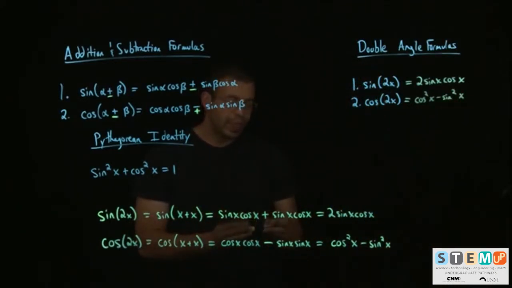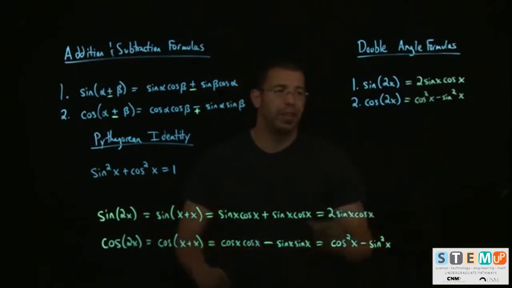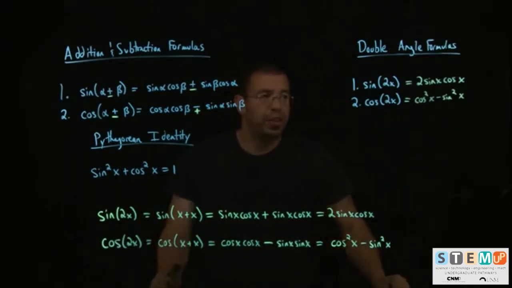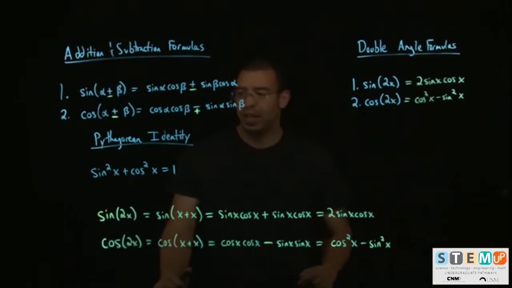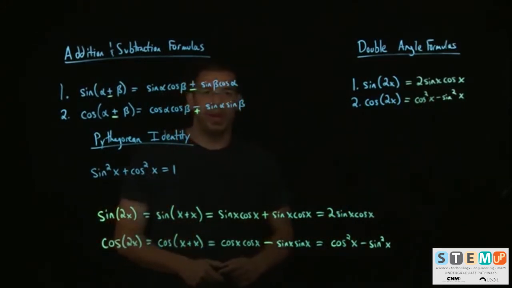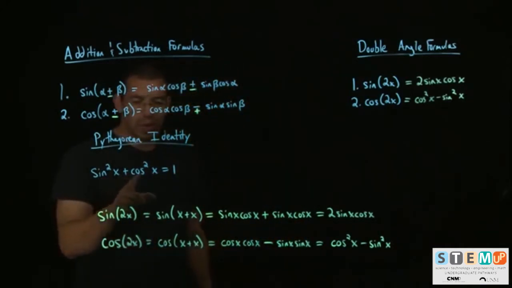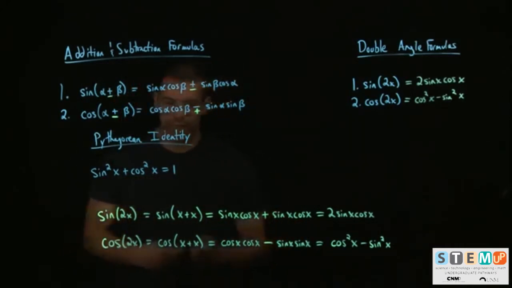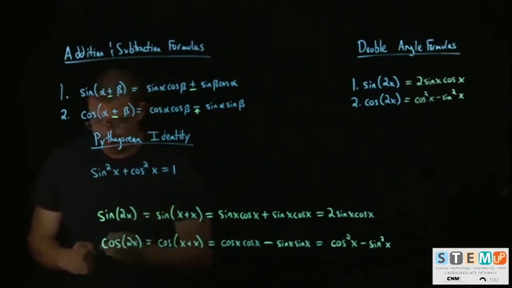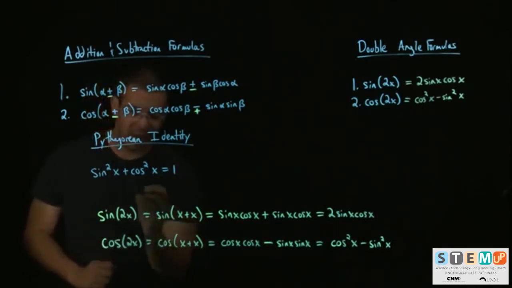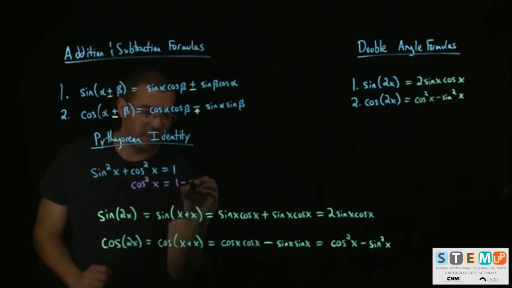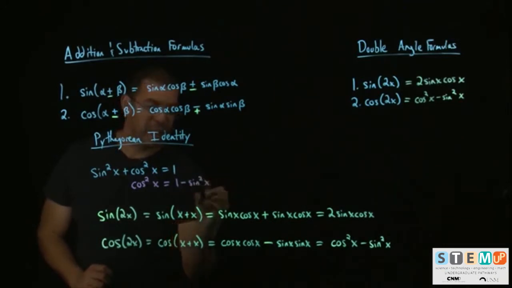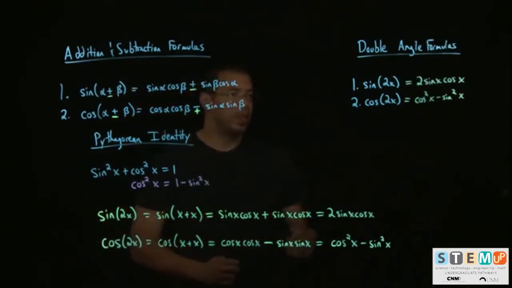So that's almost it, but for those of you that have looked ahead or are currently in this section, you know that there's usually 3 listed here, not just this one. So let's play around with this Pythagorean identity. So sine squared plus cosine squared is equal to 1. So that means that if I subtract sine squared from both sides, I'd have cosine squared of x is equal to 1 minus sine squared. Right? So let's try that over here.